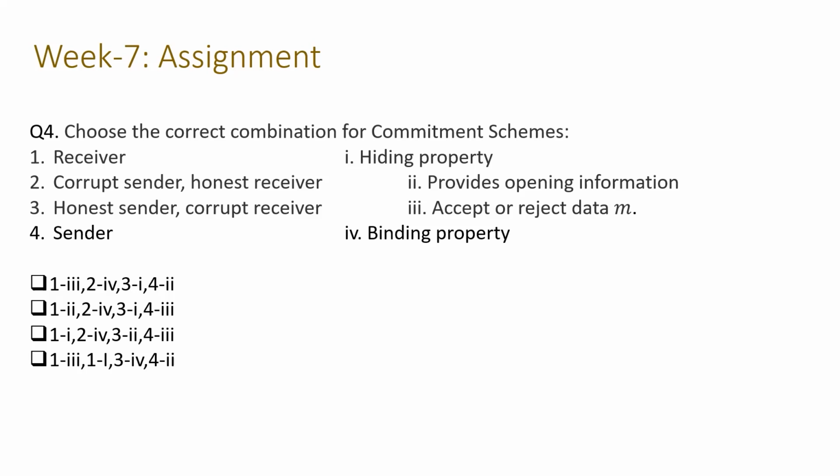Only the legitimate receiver is going to get the opening information, and using it, it can check what the underlying message of the commitment is. Until the sender provides the opening information, the receiver should not be able to gain any information about the underlying message just by looking at the commitment. That is what the hiding property of a commitment scheme requires.